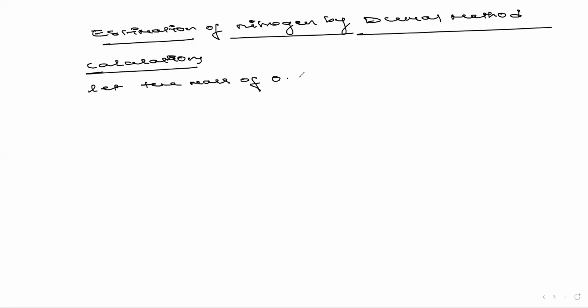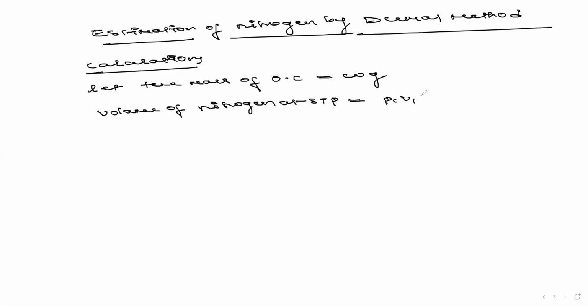The mass of organic compound is equal to W gram. Volume of nitrogen at STP is equal to P1V1 into 273 divided by 760 into T1.